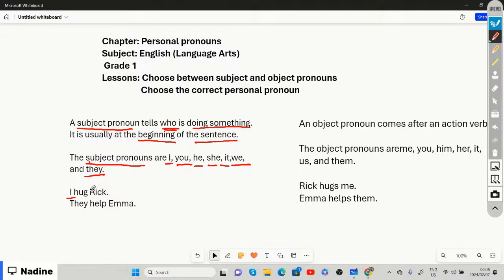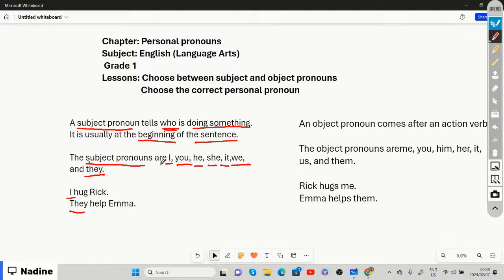Another example of a subject pronoun is they. They help Emma. So who helps Emma? They help Emma. So that is basically two examples of our subject pronouns.